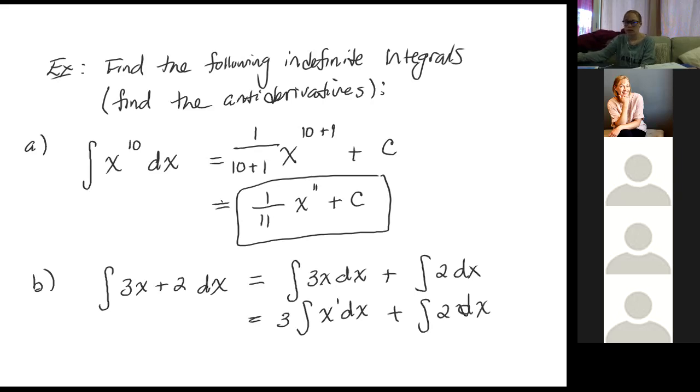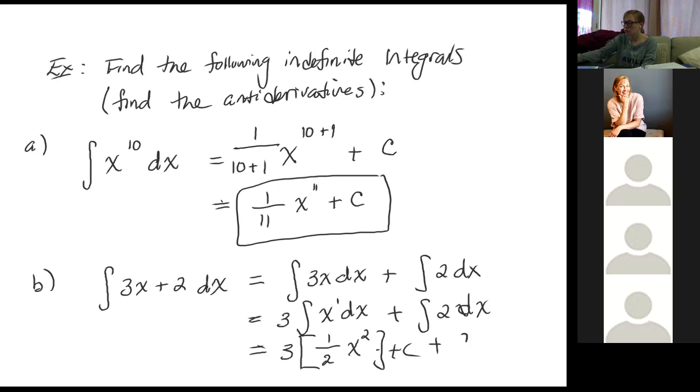So now I can apply my rules of antidifferentiation. This is equal to 3 times the antiderivative of x to the 1. I'm going to use the power rule, or the second rule of antidifferentiation. This is 1 over 1 plus 1, which is 2, times x to the 1 plus 1, which is 2, plus c1, plus the antiderivative of 2, which is a constant.